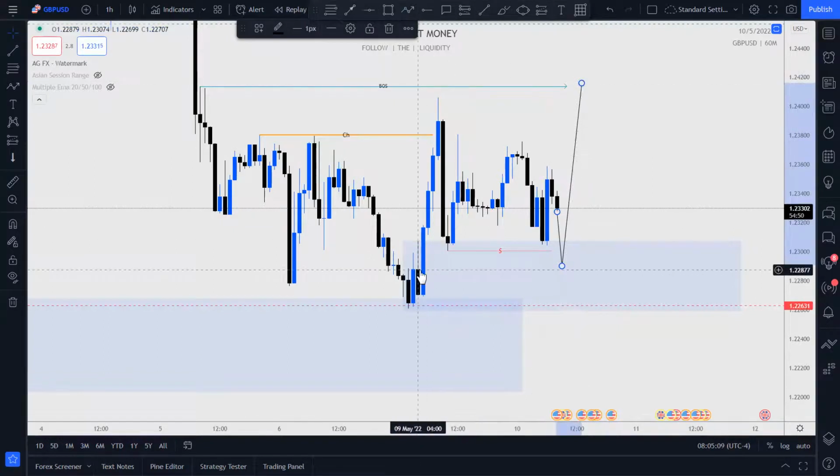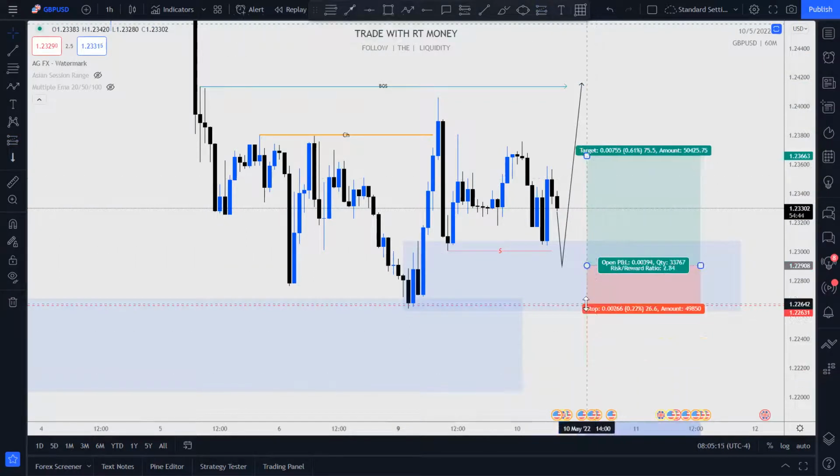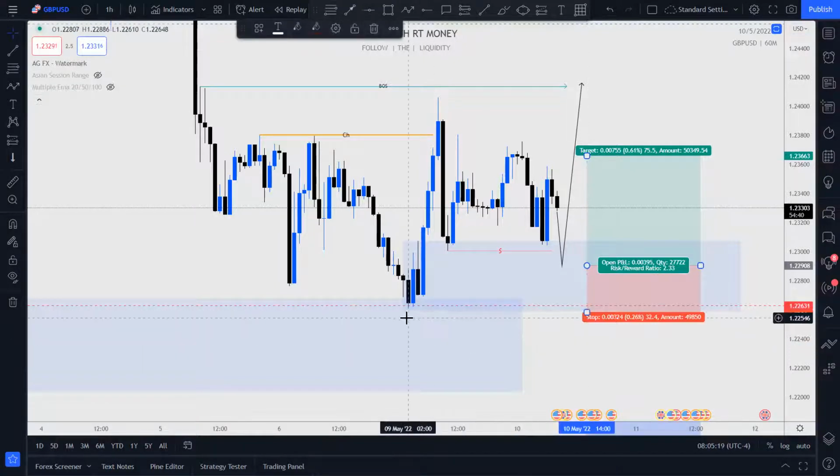If it comes all the way down here, that would be perfect. Stop loss below the low of the candle, because I believe that low is protected. That's the theory.